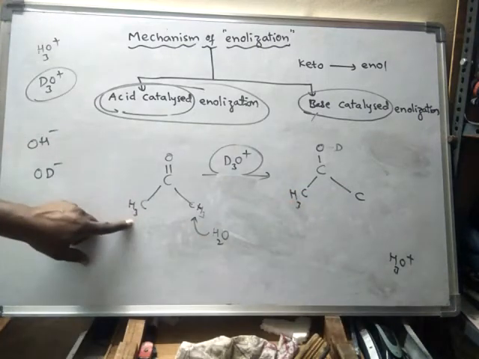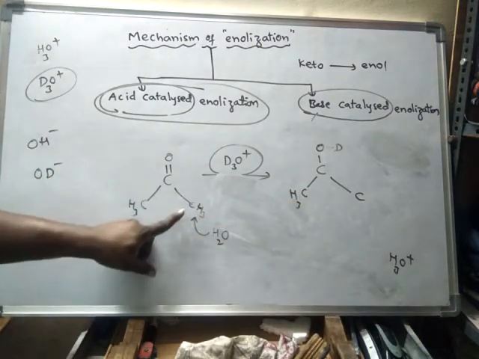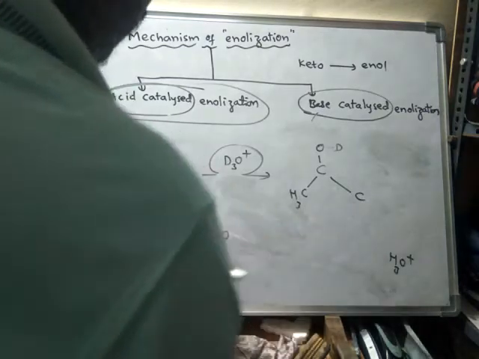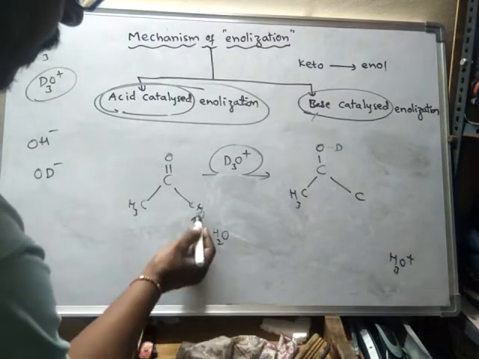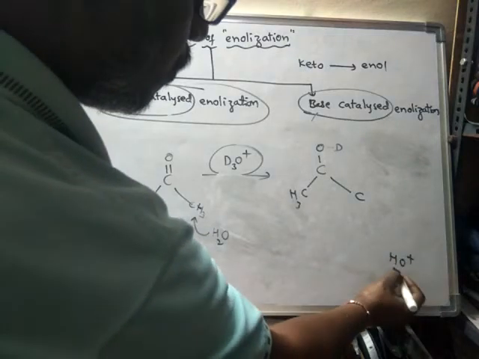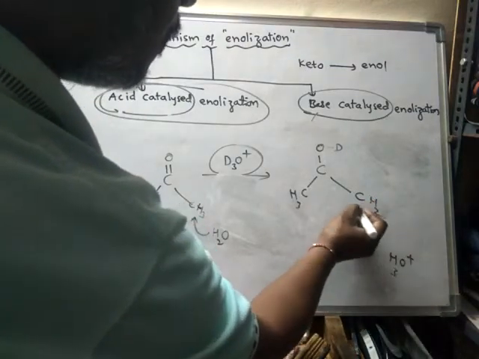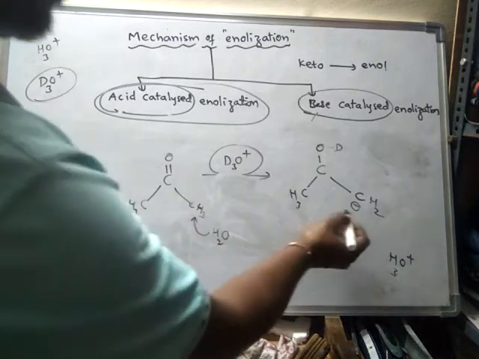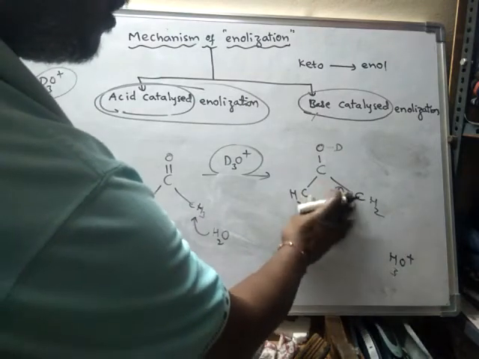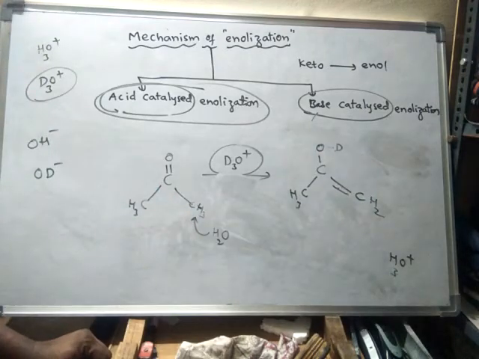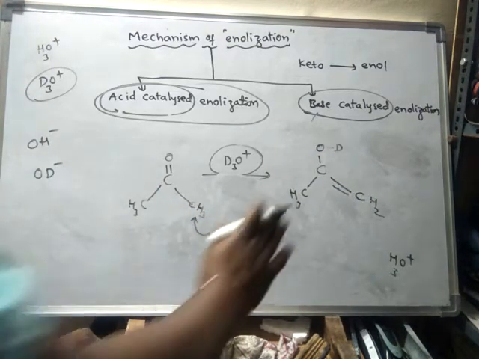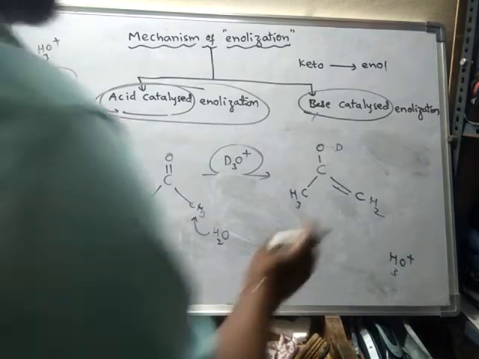So like this, as it is I am writing. Here one hydrogen is lost, because this water molecule will take one hydrogen and form H3O plus. So now the carbanion is formed, and this will form a double bond. Now it forms an enol, OD is present. Now what happens?